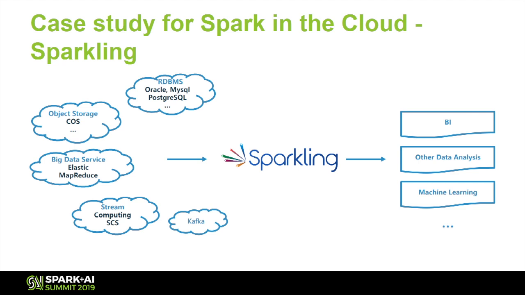We have Sparkling, a Spark-based data warehouse service at Tencent. Basically, whether your data is in a relational database, or in the object store, called COS in Tencent Cloud, or you have data in EMR, the Elastic MapReduce service, or in stream computing services, this data all flows into Sparkling and gets consumed by downstream data applications like BI or machine learning.